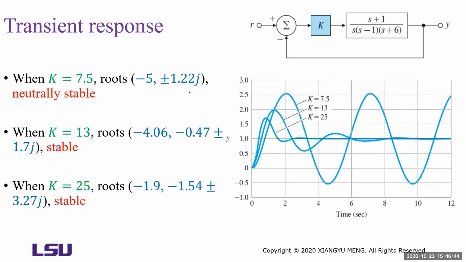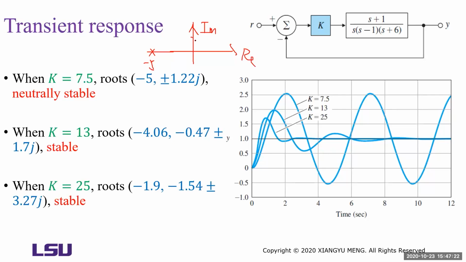If I assign k exactly at 7.5, then you can use MATLAB to calculate the roots of the denominator polynomial. So we have the roots. If I draw the S-plane, with the real part and imaginary part, one pole is at -5.